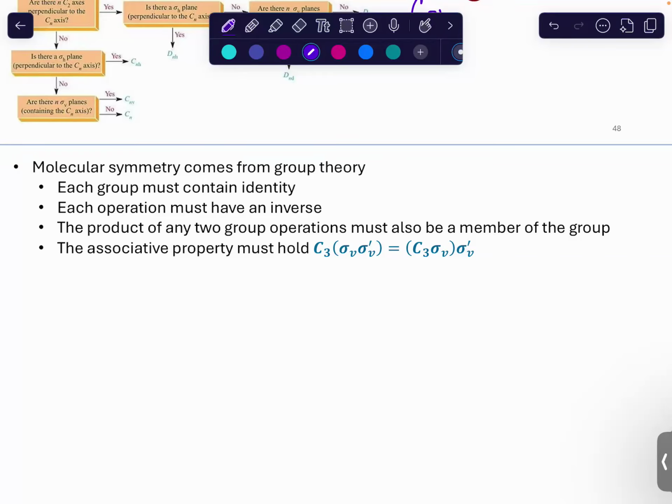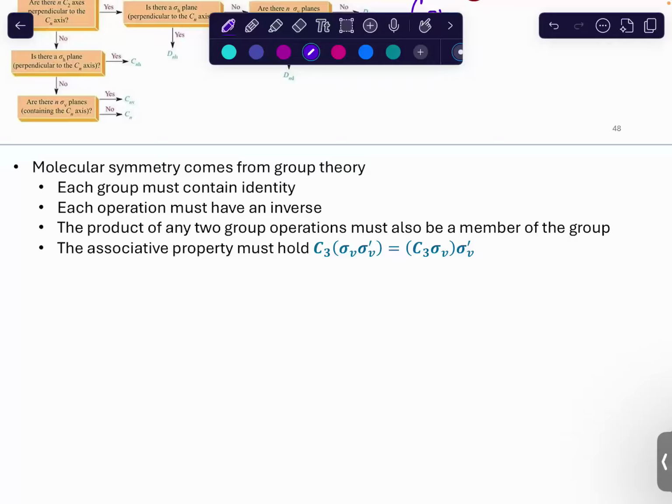The product of any 2 group operations must also be a member of the group. We'll look at that. And the associative property must hold. Now, let's think about how this works with symmetry elements. You see your C3 times sigma V prime? If I had a molecule, as you're multiplying, you do the symmetry operation left to right.